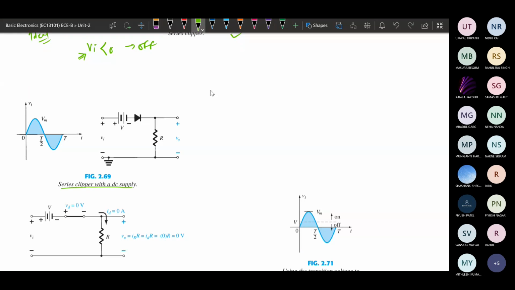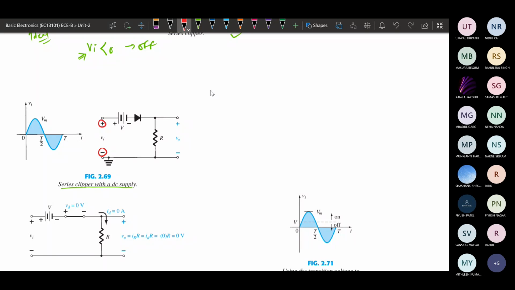So this is the input and this is the extra voltage, and you can note down the sign. The sign of the voltage that we are applying is important. This is positive and this is negative, in the case of the input voltage that we are applying.